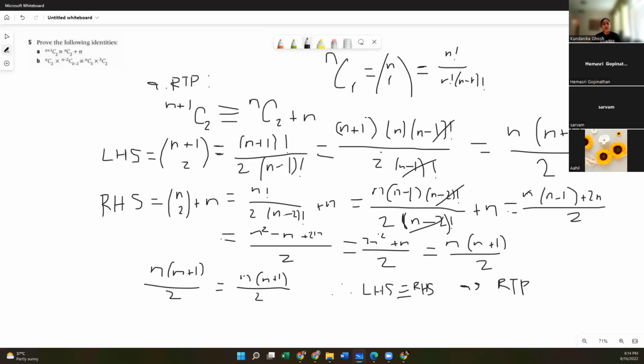Because we have n minus r. Your n is n plus 1, your r is 2. So n plus 1 minus 2 is just n minus 1 factorial. And then we rewrote it so that we could cancel out things from both the numerator and the denominator to make life easier for us.